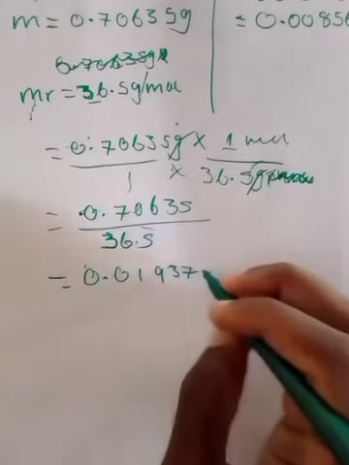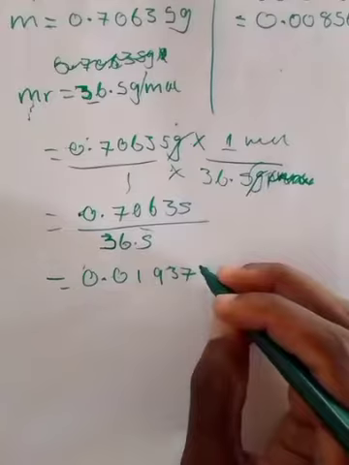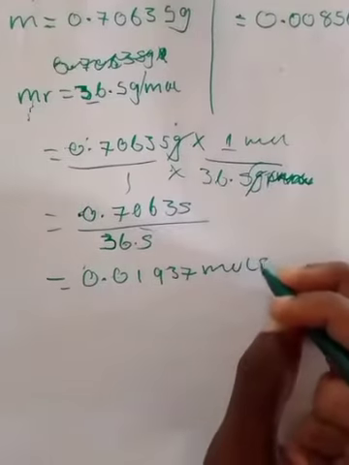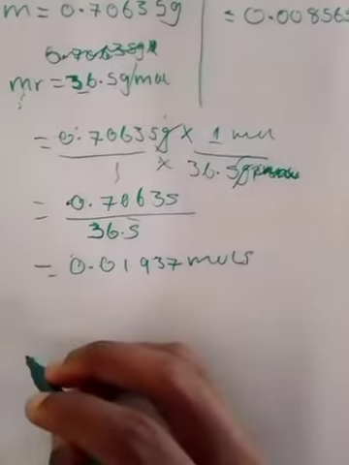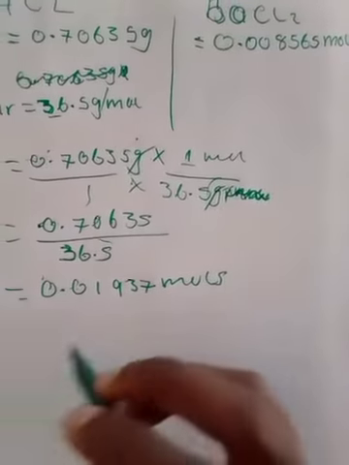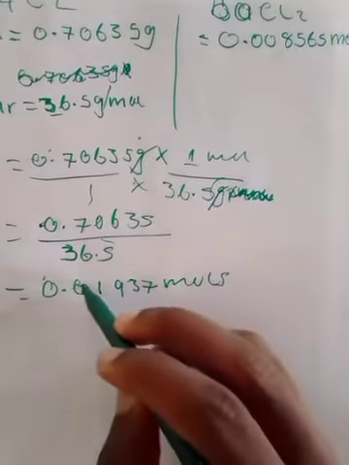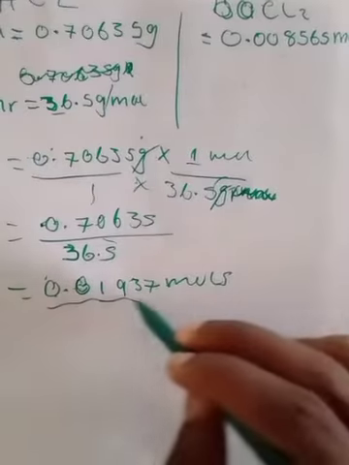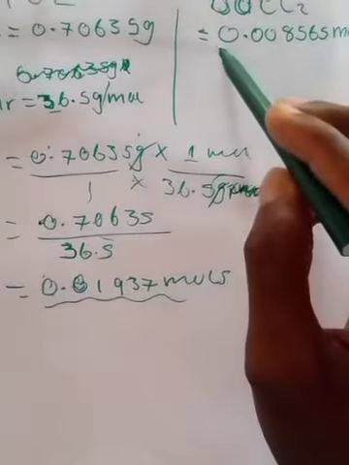So now you have the number of moles for hydrochloric acid, which is this one here, and the number of moles for barium peroxide, that is this one here. Now remember to find the limiting reagent.